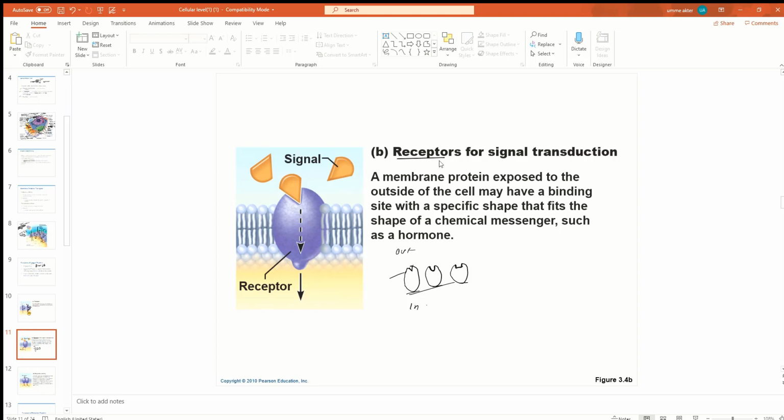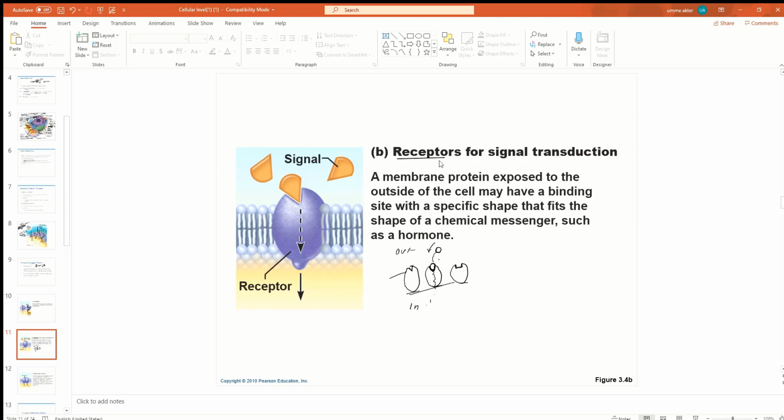Now if a hormone is released and works on the cell membrane of this cell, if the shape of the hormone molecule is round, then it will bind perfectly here, right? Because this binding site is round. When that binding is a perfect fit, like a key and lock, then a signal will go to inside the cell, from outside to inside.